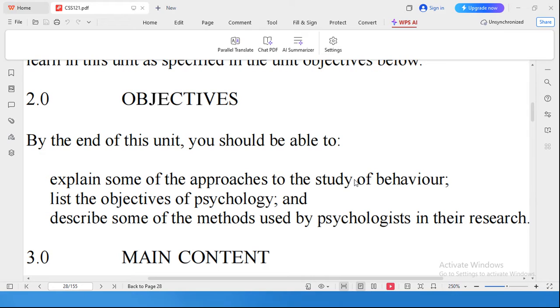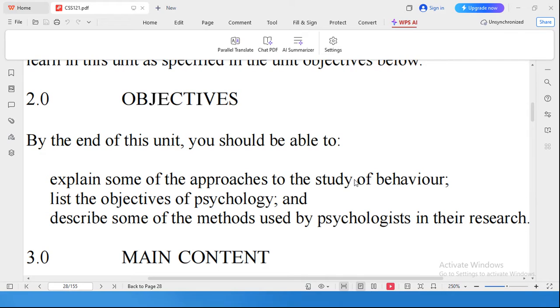No. Just like pastors interpret scriptures differently and mechanics diagnose engine faults in different ways, psychologists also use different approaches to understand the mind. Today, we will explore four major approaches to psychology, their objectives, and the methods psychologists use in research.